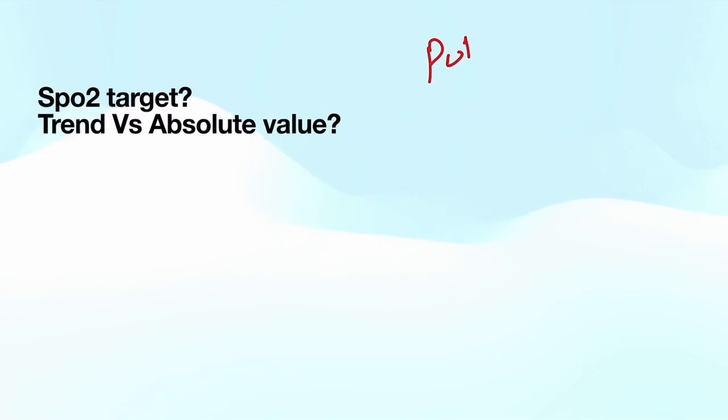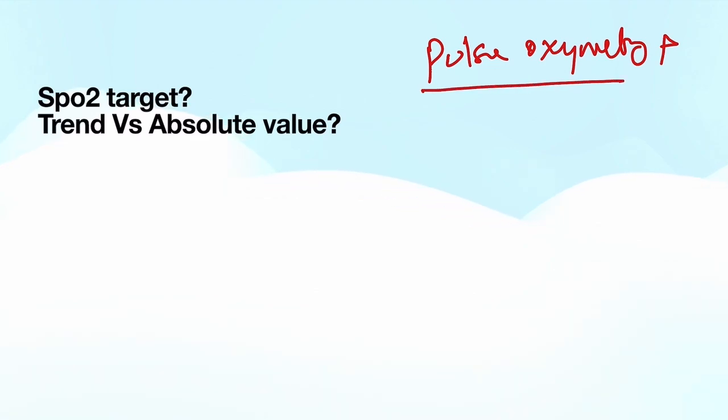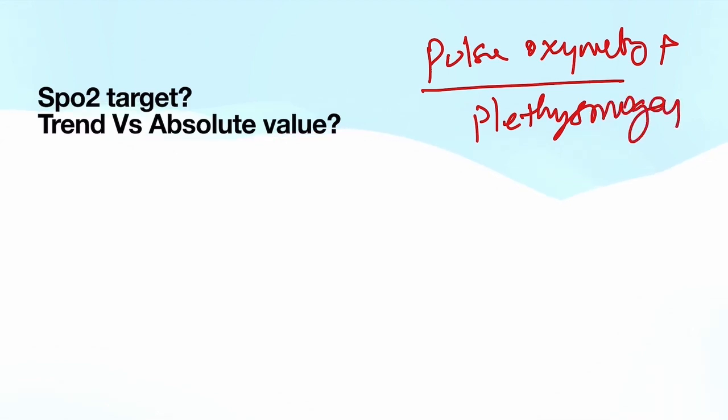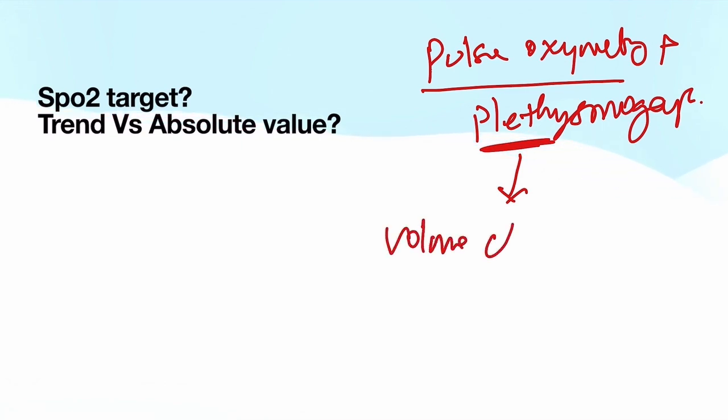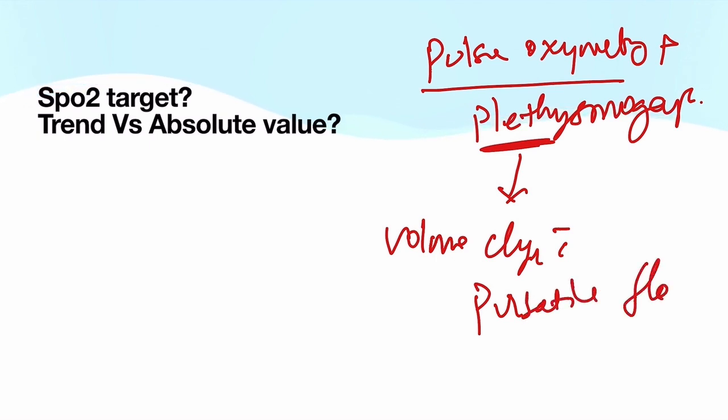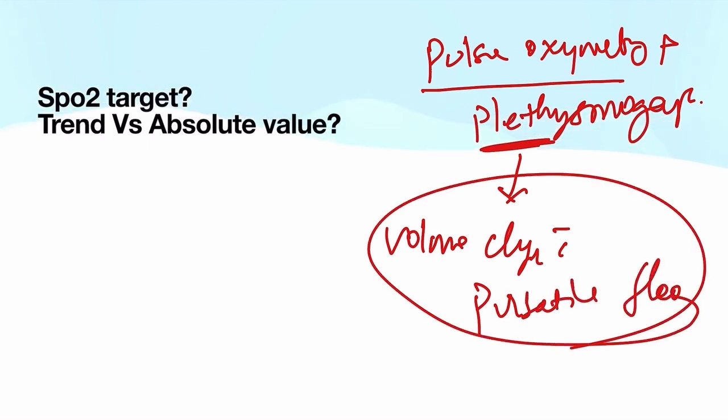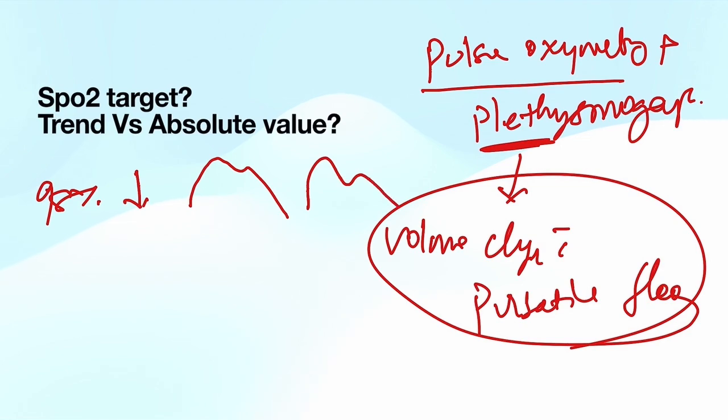So pulse oximetry must be interpreted with plethysmography. What is plethysmography? Pleth means volume change with pulsatile flow, right? So the absolute value, that means if it is written as 98%, is valid only when the waveform is adequate or proper, right?